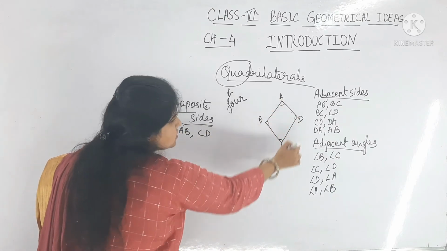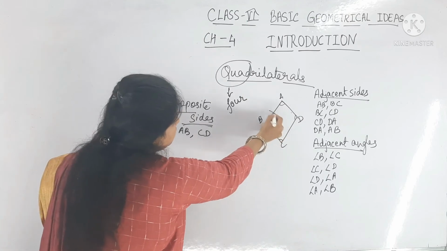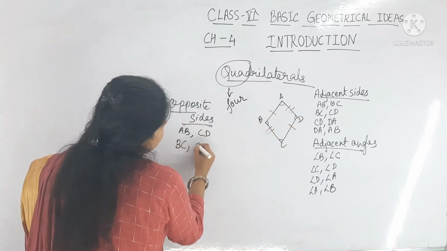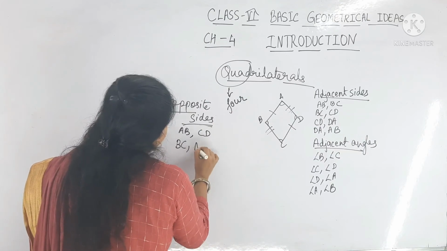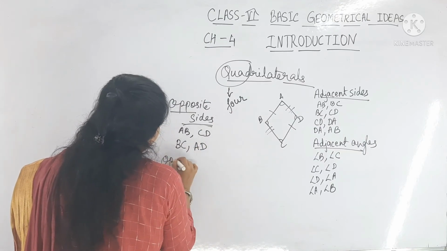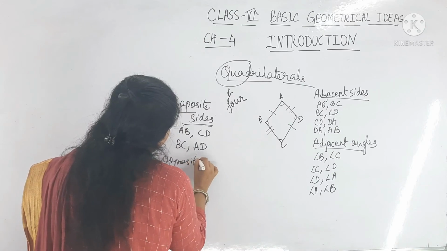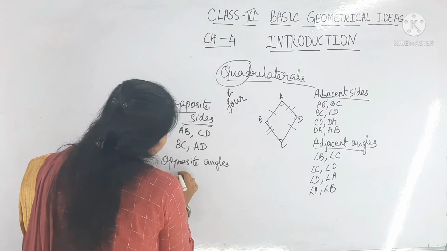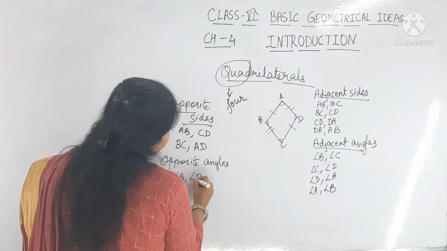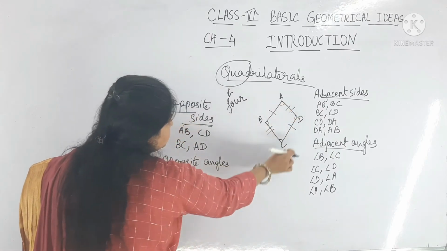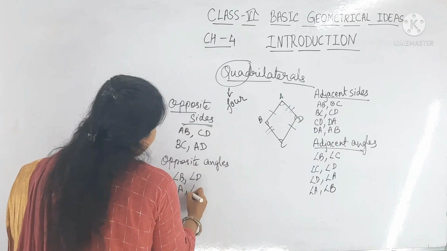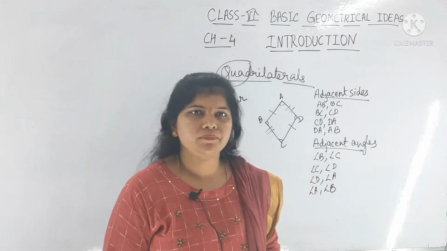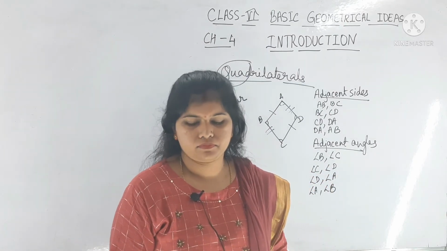This is AB and this is CD. That is the opposite sides. This one and this one are BC and AD. Opposite angles are angle B and angle D. These are the opposite angles, and this one is also opposite: angle A and angle C. So this is about the quadrilaterals. You can find anything, that is the four sides.